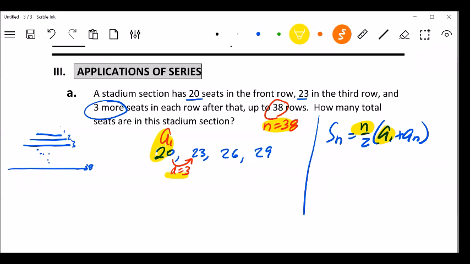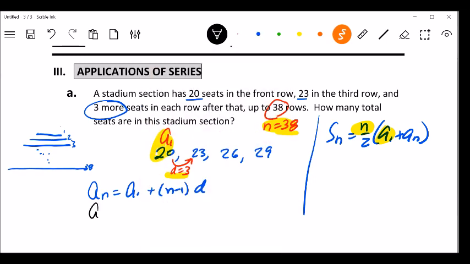I could just keep adding by 3s, not a million times, just up to the 38th term. However, what I can do is write out the formula: an equals a1 plus (n minus 1) d.